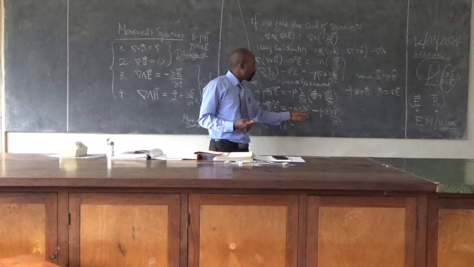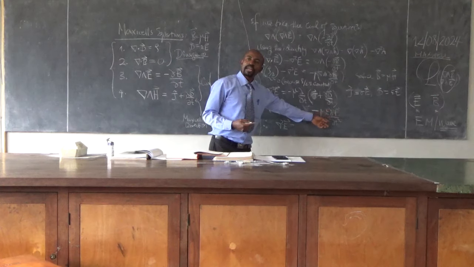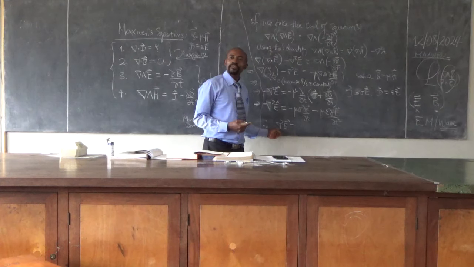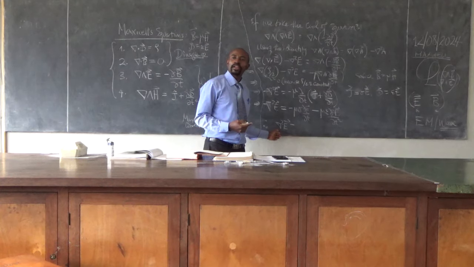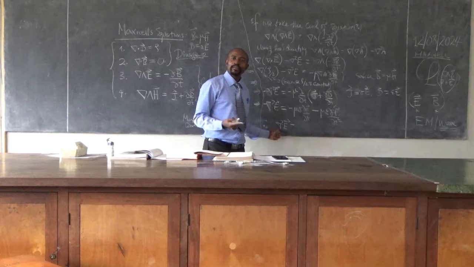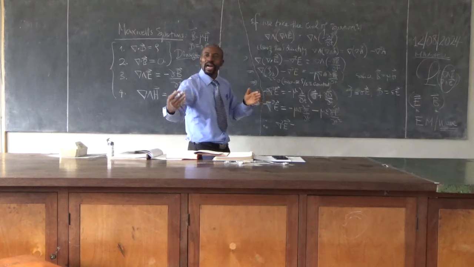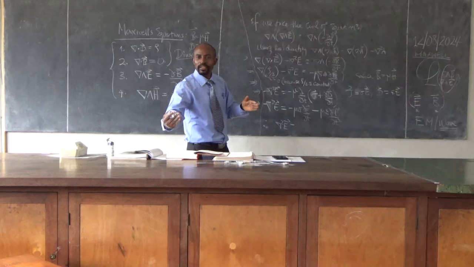This is ∂H by ∂t, this is ∂²E by ∂t². So when I'm writing it, I must make sure that, because this is the second differential in X, or Y, or Z, whichever it is, and this is a rate in time, I put them in their order. How do they call that in mathematics?